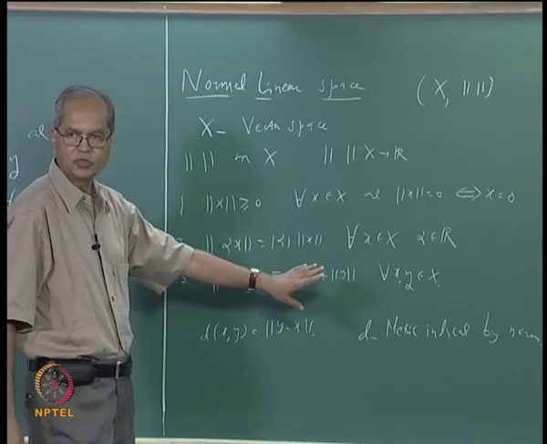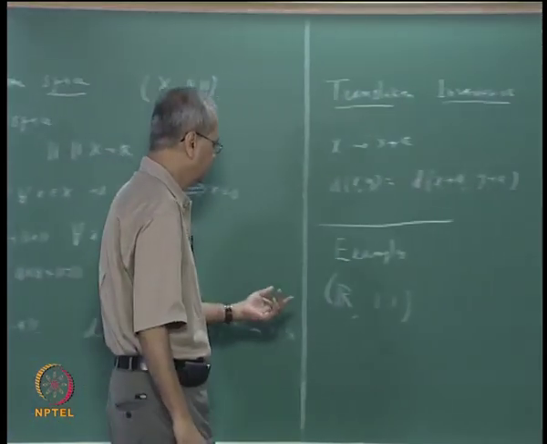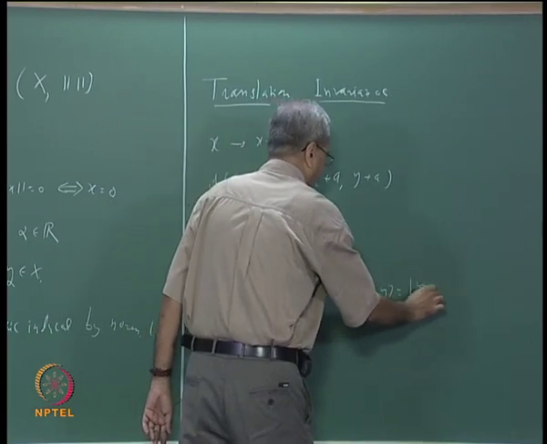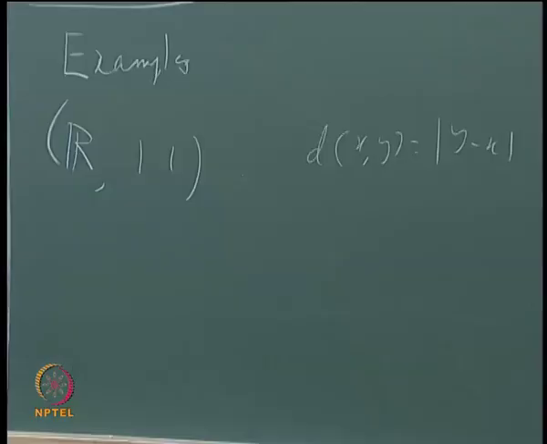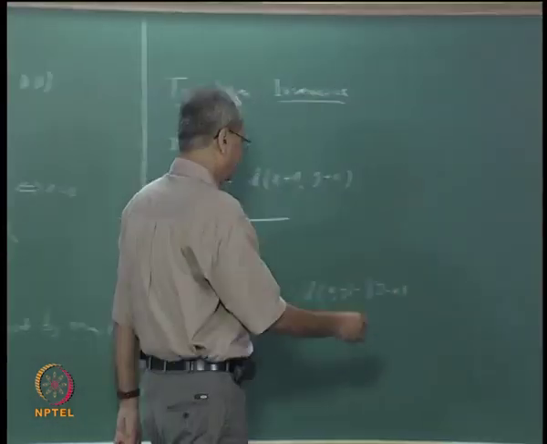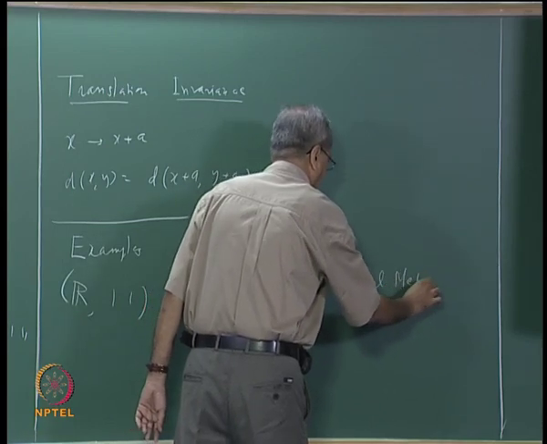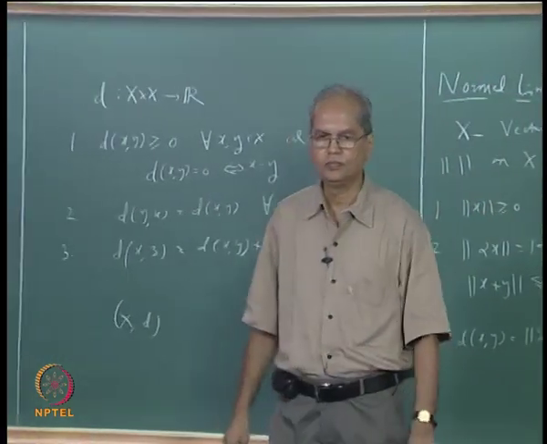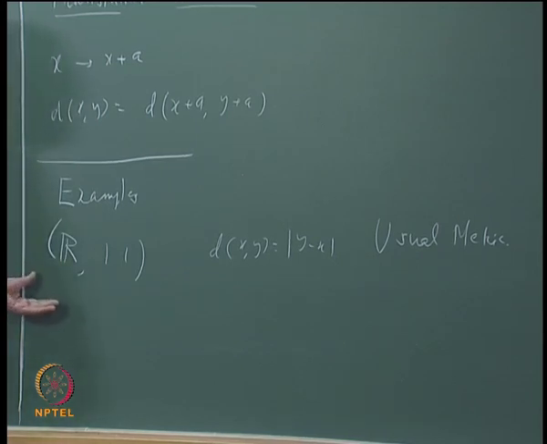So that is a normed linear space, hence a metric space, and the metric will be d(x,y) given by mod of y minus x. This metric is usually called the usual metric or usual distance on R. Now whatever we can do about R, the same thing can be done on C also.